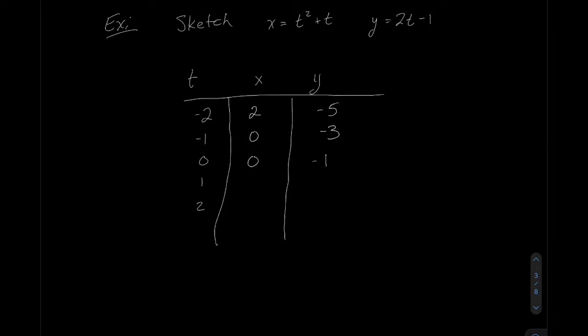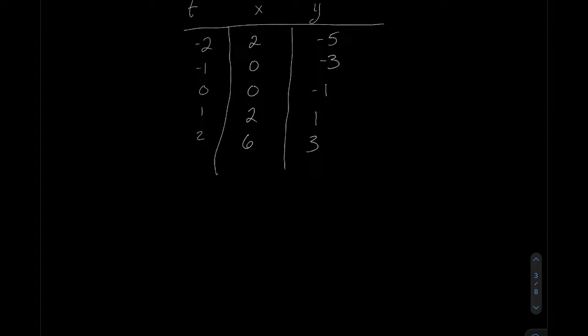Now when t is 0, x is also 0, and y is negative 1. When t is 1, we get x equal 2 and y equal 1. And when t is 2, x is 4 plus 2, or 6, and y is 4 minus 1, or 3.